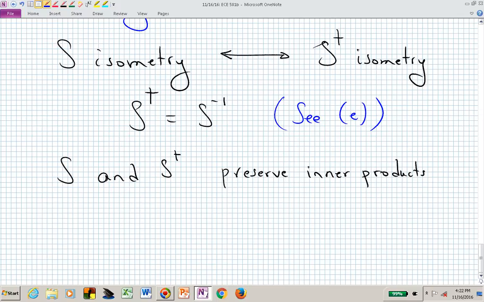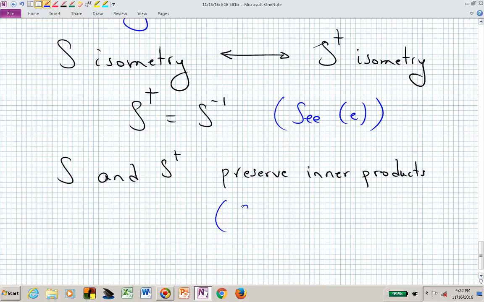That's immediately true for S, but S and S adjoint are related, meaning they're both isometries. So if one's an isometry and it preserves inner products, and S dagger is an isometry, then it's going to preserve inner products.